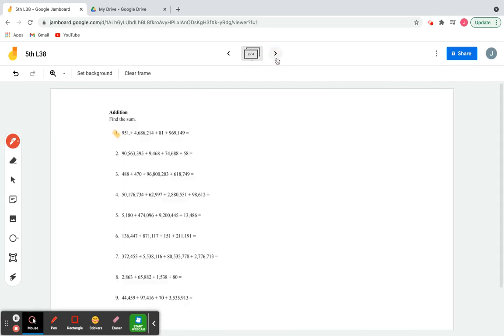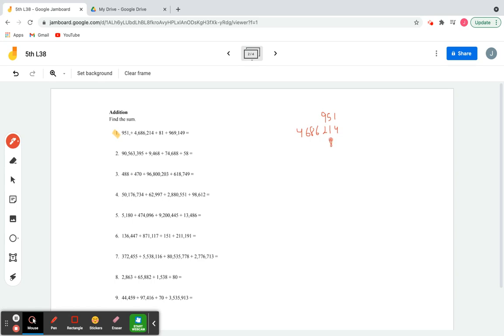We have addition. I'm going to write the numbers first, and I'm going to line up the numbers so it can be easier to look at. And then we have 6, 8, 6, and then 4.